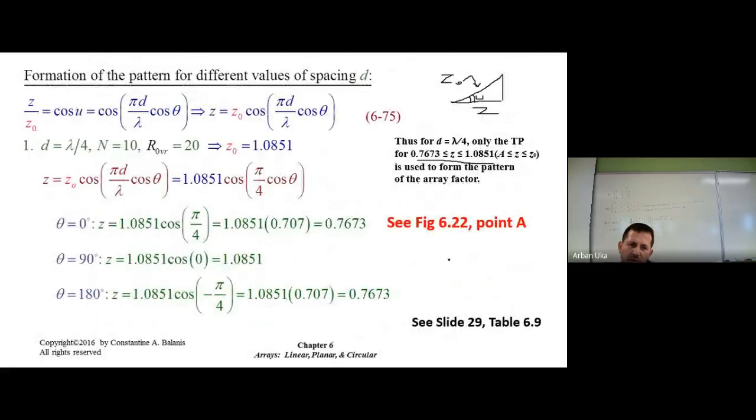We're going back and forth, but again, we are still dealing with the same thing. Let's remind ourselves, what was this Z0? This Z0 was when n was 10, and what was the other condition? The voltage ratio between two subsequent lobes was equal to 20. So we're still talking about the same antenna, and at these specific values, these are the Z and the Z0s.